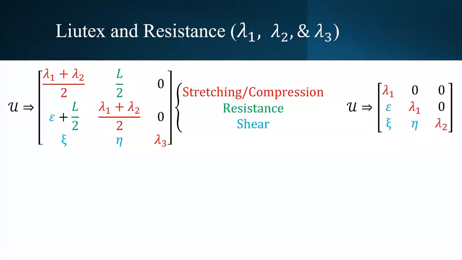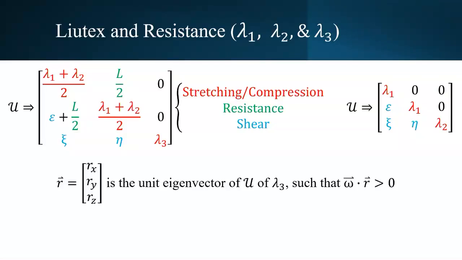And we have symmetric L over 2, which I call the resistance. And we have epsilon, c, and eta, which is the shear part. Notice that if we pick a different choice of distinct real eigenvalues, we end up with 3 different resistances.